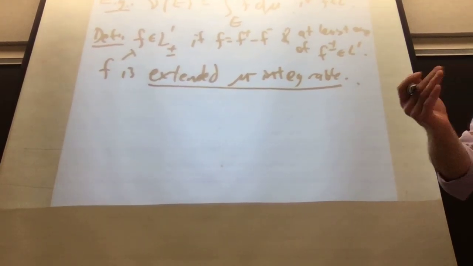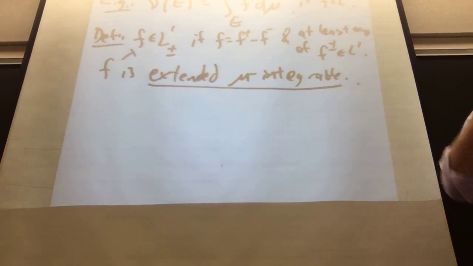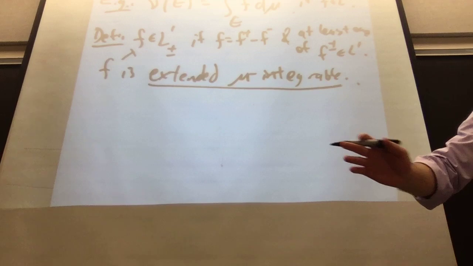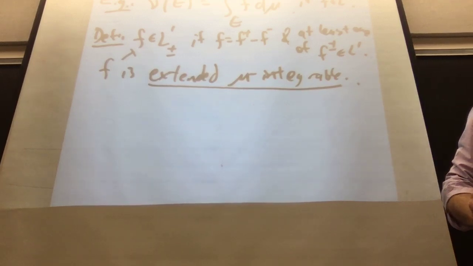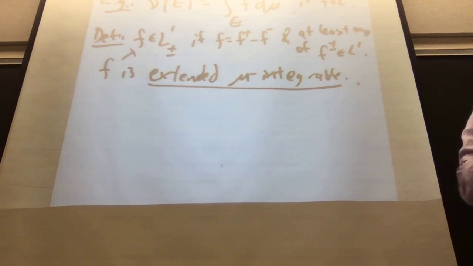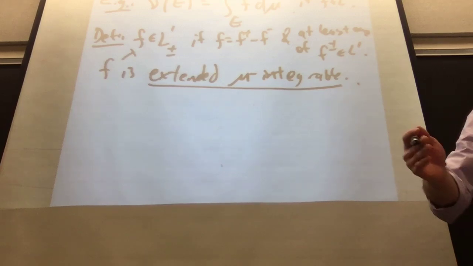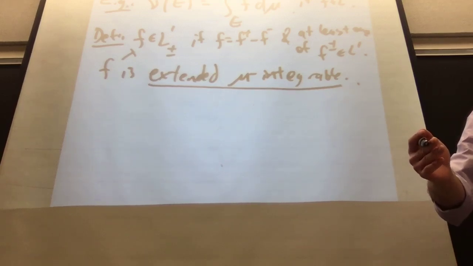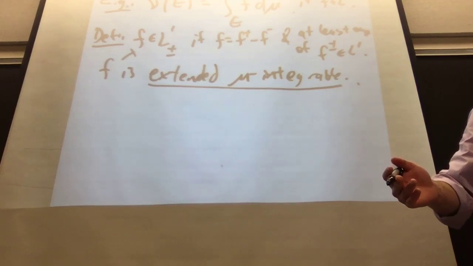So unless you're making extra specifications about what you mean by the integral, we want the integral to be some general thing, so we're not going to worry about infinity minus infinity. Again, this is something human beings decided to do because it works. If you wanted to have extra conditions on what you do with infinity minus infinity, like integrate it symmetrically about the origin, where's the origin in an abstract measure space?